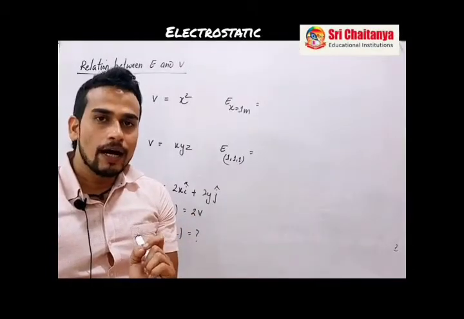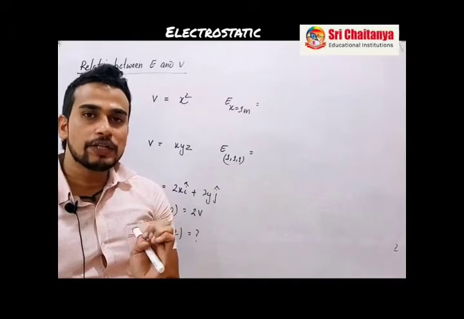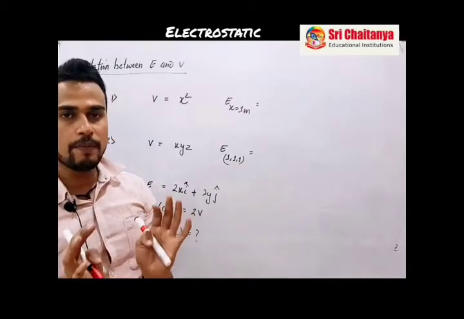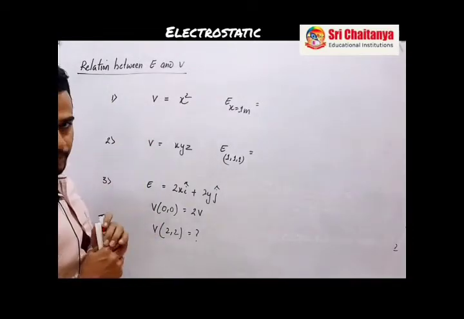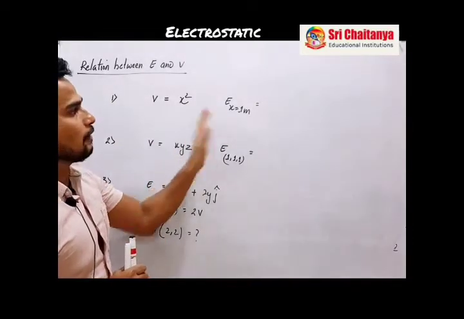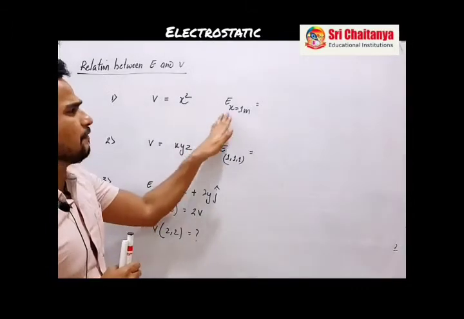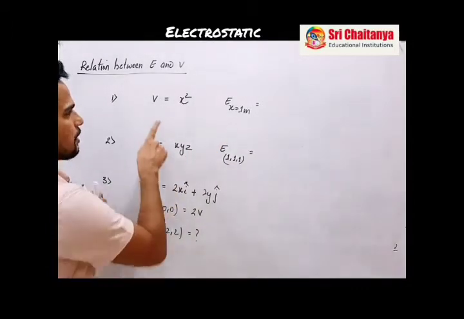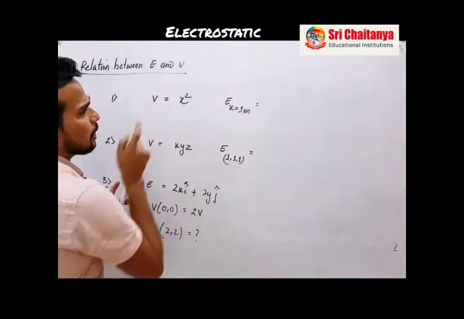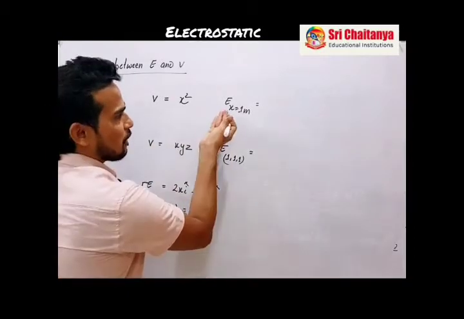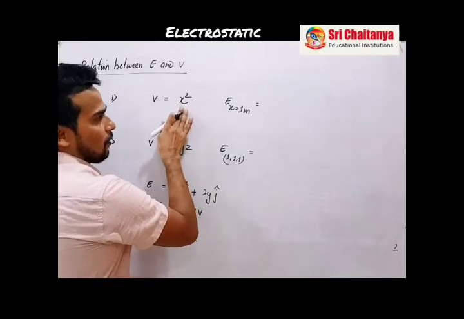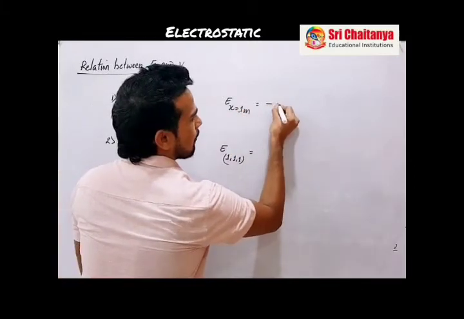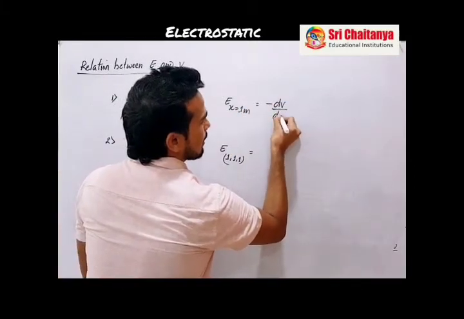Now, how are questions asked from the relations that we studied just now? The first type of question: they will give you potential and ask you to find the value of electric field at a given value of x. If you see here, your potential is depending only on x. So E will be equal to minus dV by dr. Since V depends on x, you can write E equal to minus dV by dx.